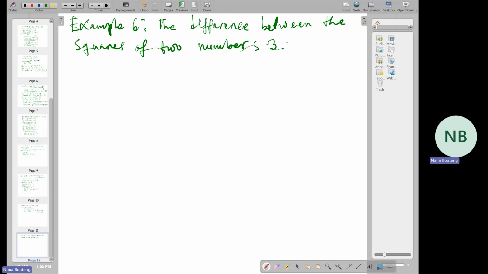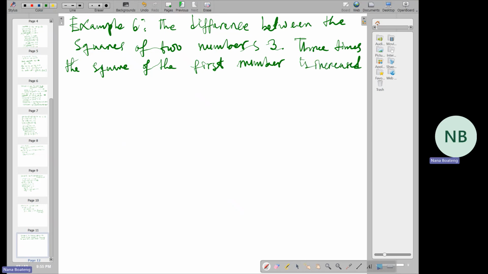And the next additional information we are given is 3 times the square of the first number is increased by the square of the second number.